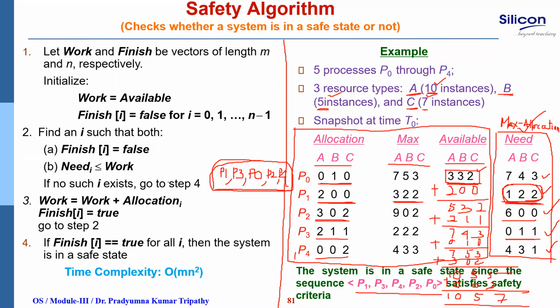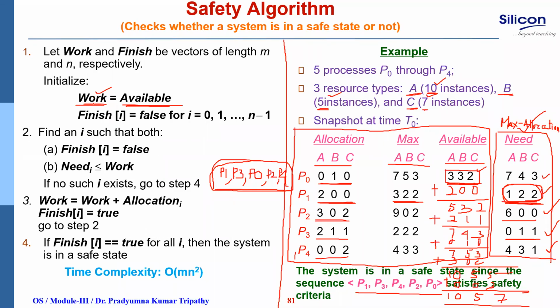Because we are doing temporary changes, instead of changing the available, we store it in another variable, work. Why store it in work? Because I want to change work, not available, which is the original one. I am doing a temporary operation. If I find that all are satisfied, then I may make the changes over here.